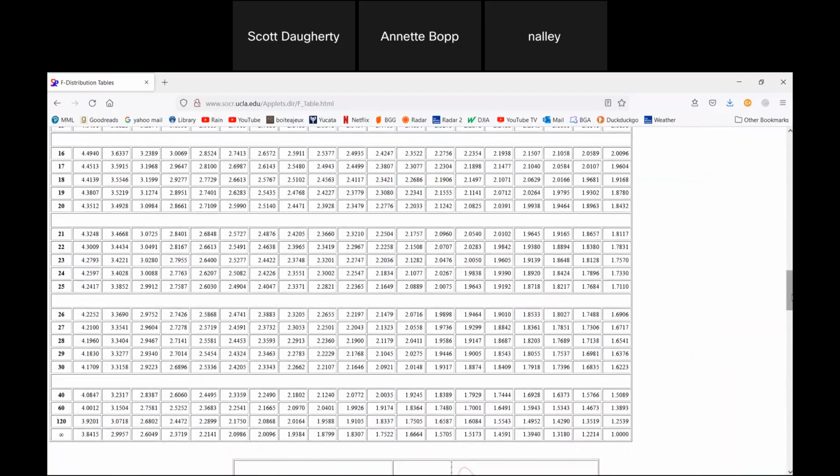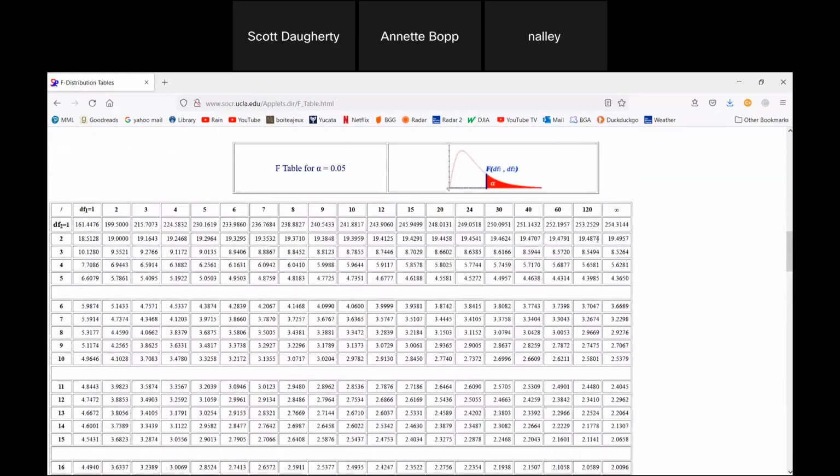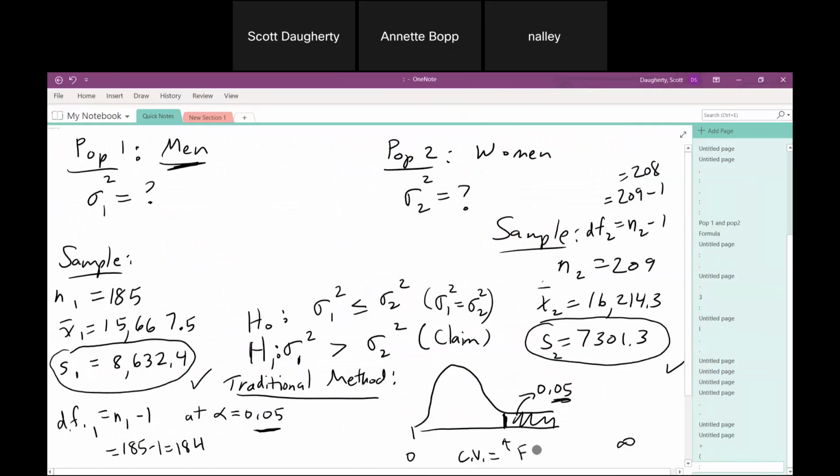So if you look at 120 and 120, the F value is 1.3519. Because 120 is this column here, and 120 is this row here. And that leaves you with 1.3519. So that's your critical value. Okay, and now we're going to run the test.